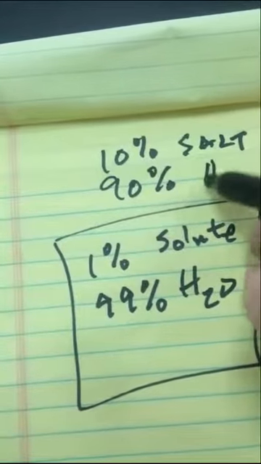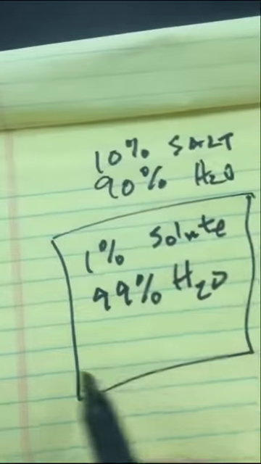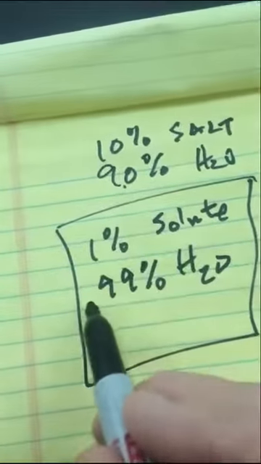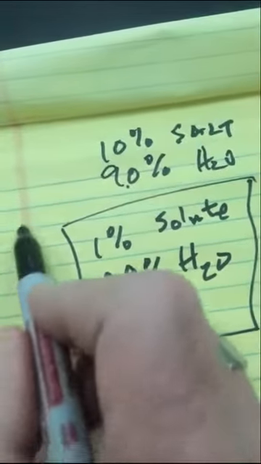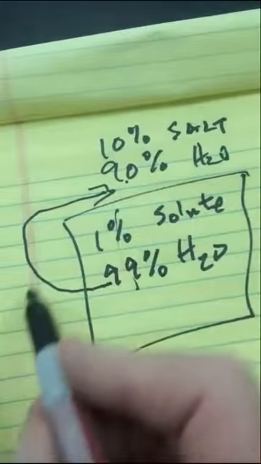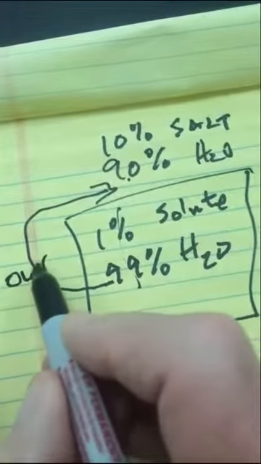90% water concentration. Then what happens, water is going to move from where you have more of it to where you have less. That's called osmosis. So the water in this case is going to go out from inside the cell to outside the cell, so it's going to move out.